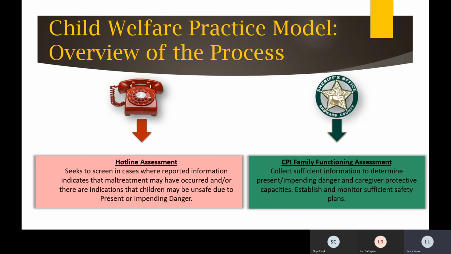The family functioning assessment that they complete is used to collect what is determined as sufficient information to determine if there is present and impending danger, as well as what are the family's caregiver protective capacities. They also establish and monitor sufficient safety plans if those are needed.